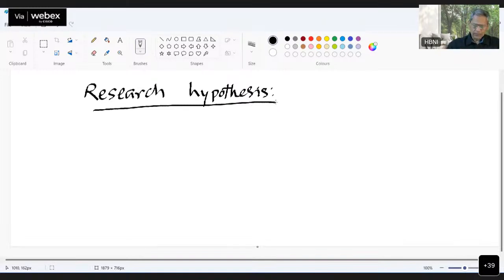Suppose you predicted a hypothesized relationship between A and B. When you test that in a scientific method, how A is depending on B, this is termed as the research hypothesis.